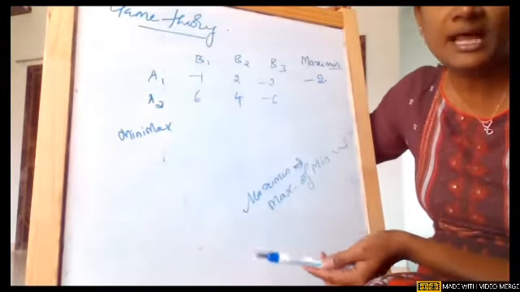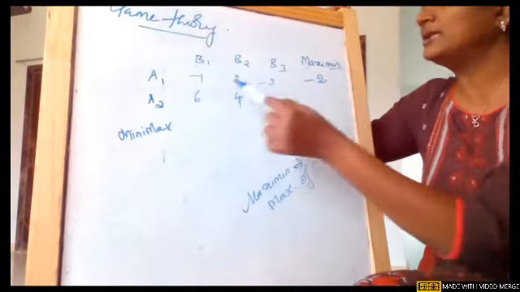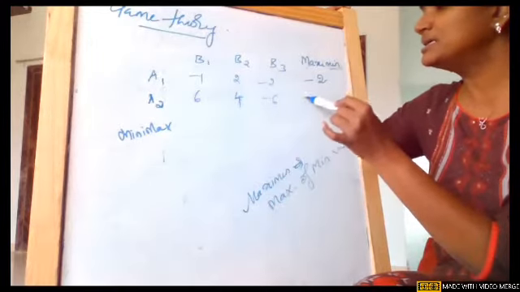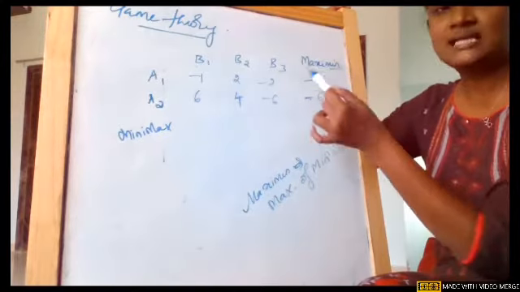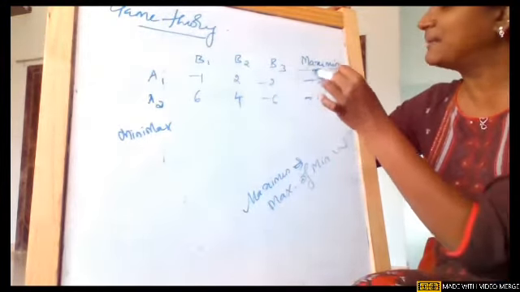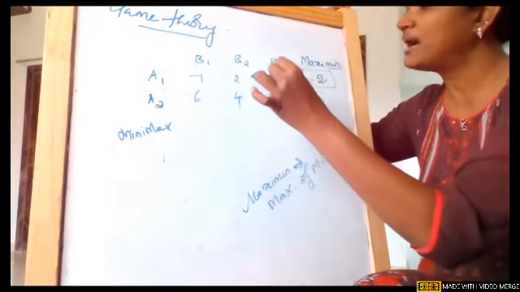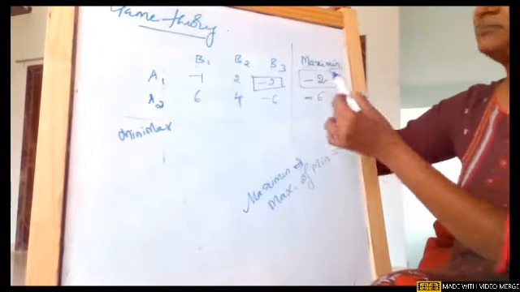Agree? Any doubt in this? Similarly, when I go to the second row, the minimum value is -6. Now out of these minimum values we need to pick the maximum value. Out of these two, the maximum value is obviously -2. So wherever you have -2, just box it in the matrix as well as in the maximin column.